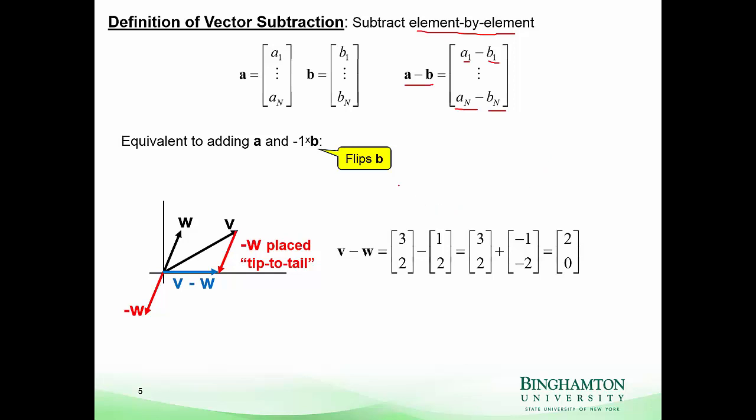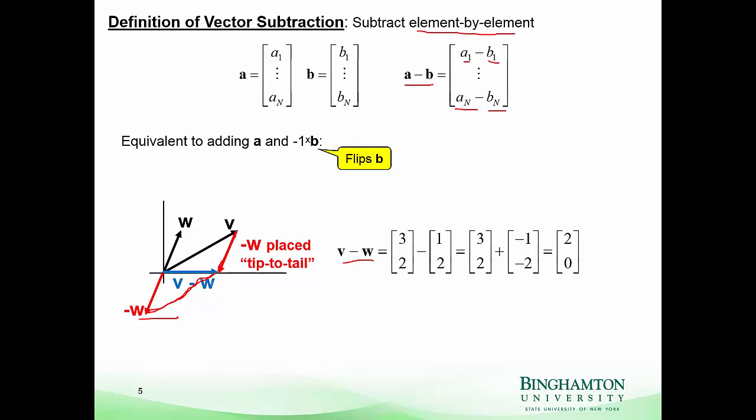what we should get. So if we're doing v minus w, we take w and we flip it. So here it is. Same length, just pointing in the opposite direction. And now we're going to add them together. And so, here's our parallelogram view. Either way, we can add v to negative w, or we can add negative w to v.